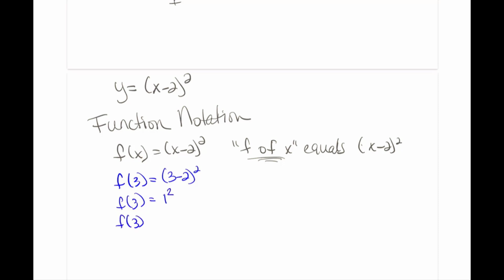So f of 3 equals 1. And the nice part about this shows you your input. So when I put an input of 3 in, I get an output of 1. If we write it in that function notation, we'll always see what the input and what the output is. And that's what's key for us right now, moving through some of these problems.